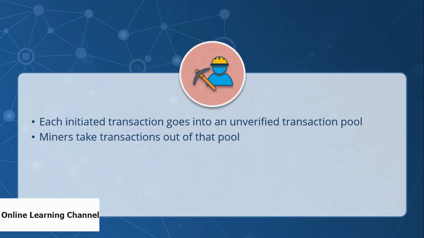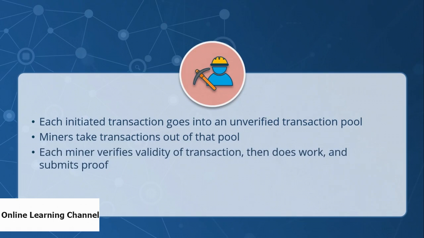Following that, each miner has some set of transactions in a particular order and will then go on to verify each and every one of these transactions. Following that, every miner will then need to do some work and then submit some proof that they have performed the work. This will earn them the privilege of writing the next block of transactions to the blockchain and pocketing all of the transaction fees associated with the transactions within that block.